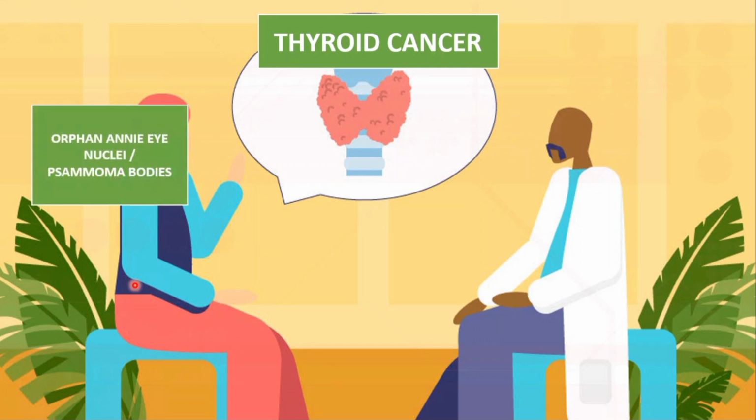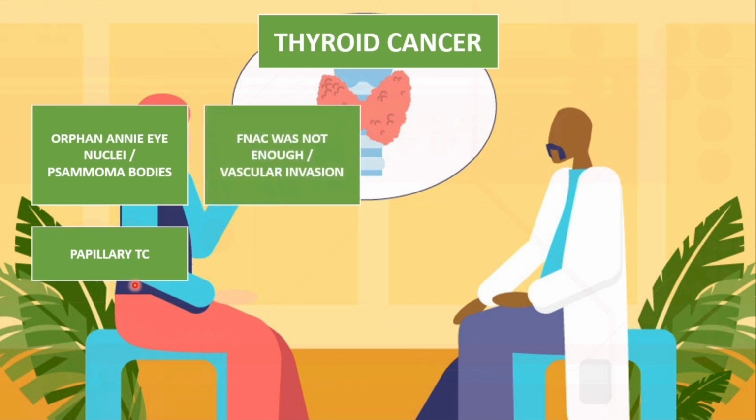For example, when you see Orphan Annie nuclei or psammoma bodies in the question, you should think about papillary thyroid carcinoma. When you see that FNAC was not enough to confirm the diagnosis or the cancer had vascular invasion, you should think about follicular thyroid carcinoma.